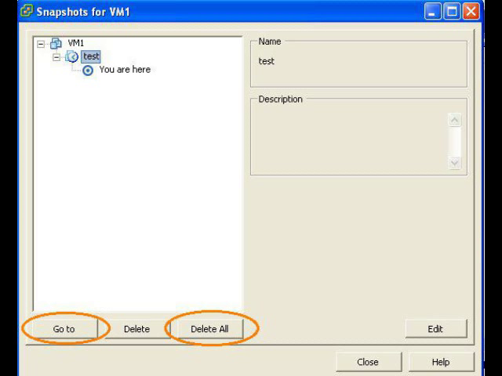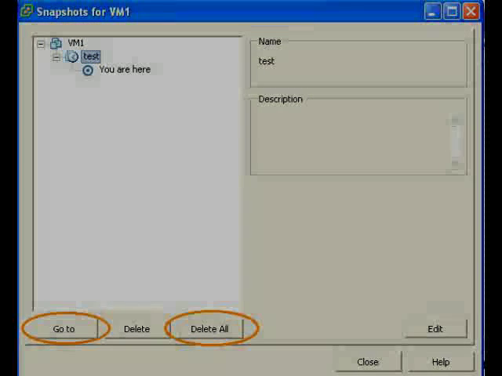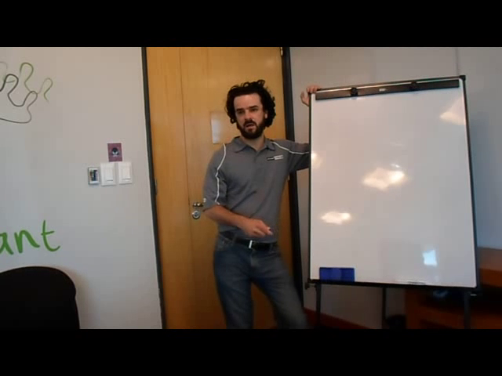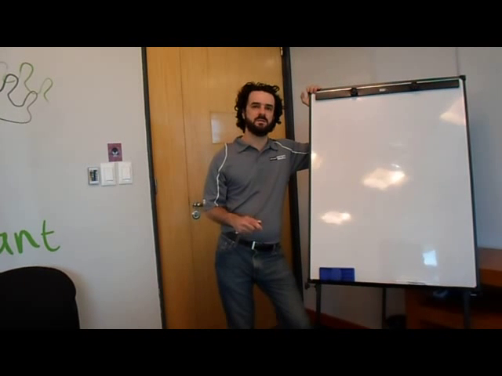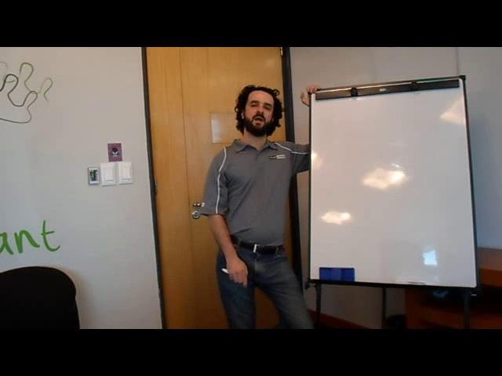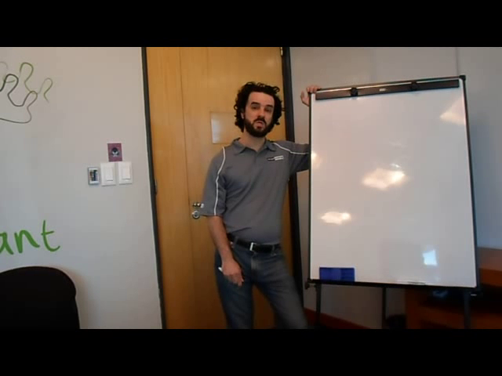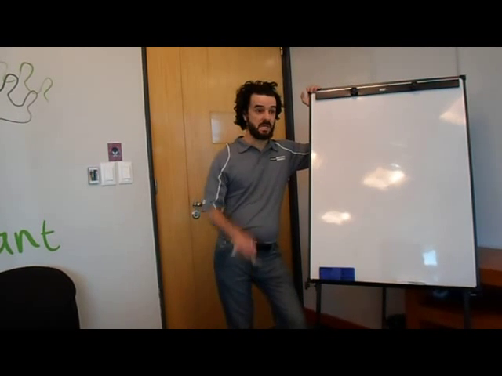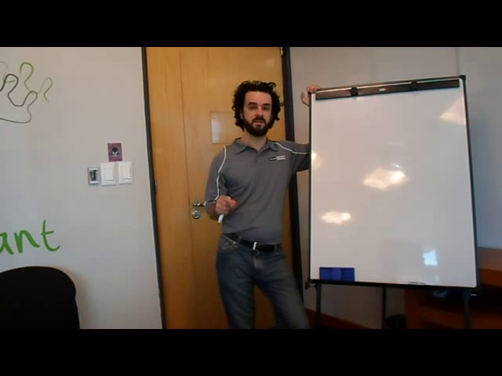You can also delete a specific snapshot or delete all the snapshots. The delete all operation is for when you say, okay, I performed all the changes to my virtual machine, everything is running okay, and I want to keep all the changes and discard the snapshot. So the delete all option does that.